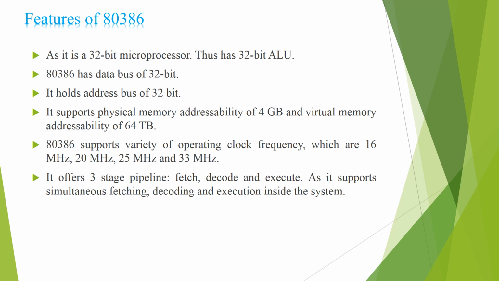It operates on 16 MHz, 20 MHz, 25 MHz and 33 MHz frequency. It supports a 3-stage pipeline: fetch, decode and execution. As it supports simultaneous fetching, decoding and execution of instructions in the 80386 microprocessor, it helps to speed up the microprocessor.